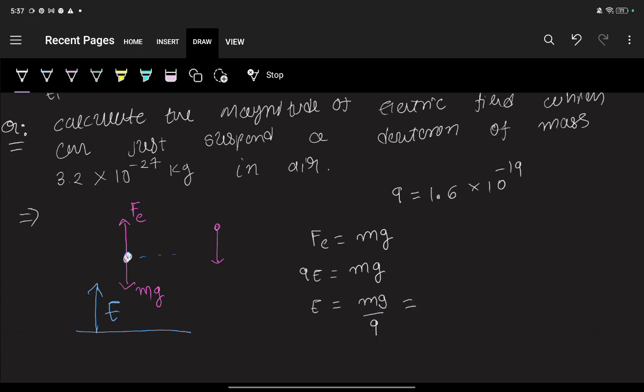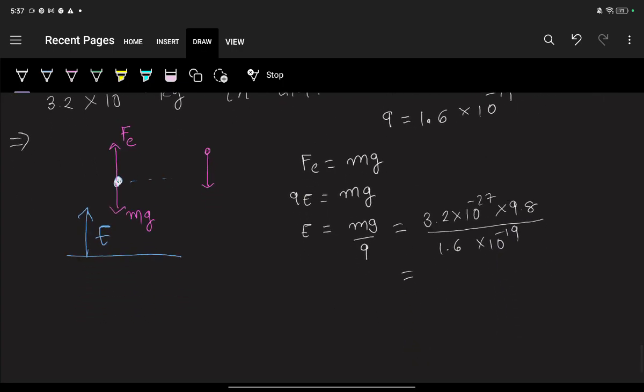So from here, with mass 3.2 into 10 raised to minus 27, taking the acceleration due to gravity as 9.8, and the charge, it will give us roughly how much? 19.6 into 10 raised to minus 8 Newton per coulomb.